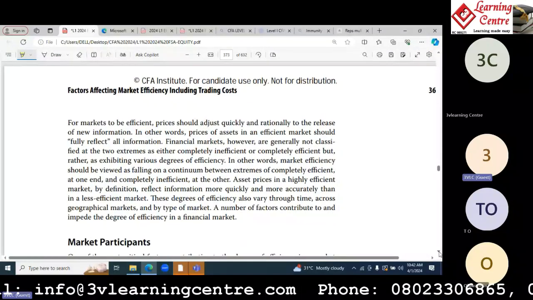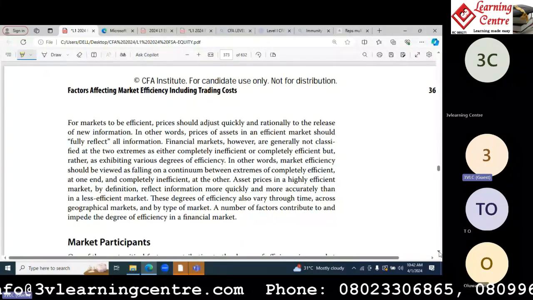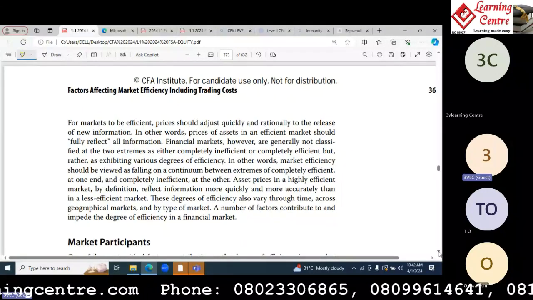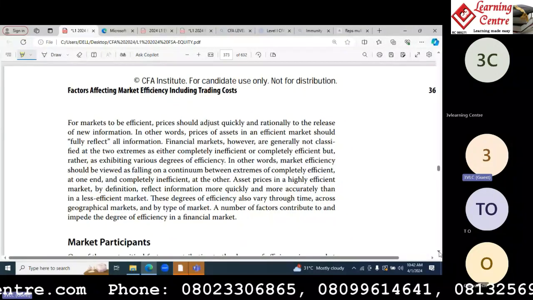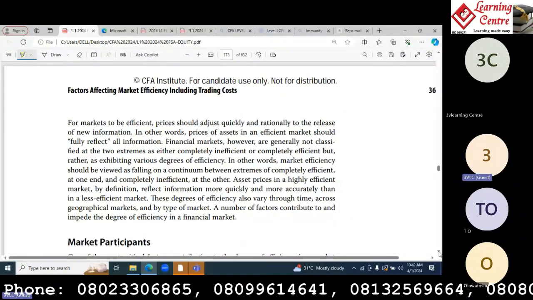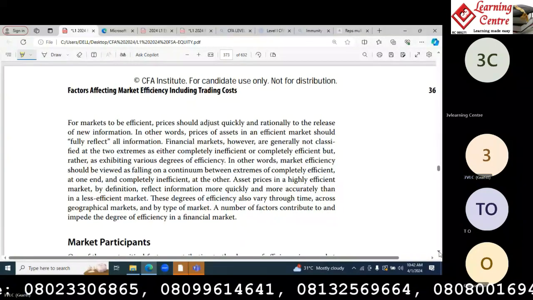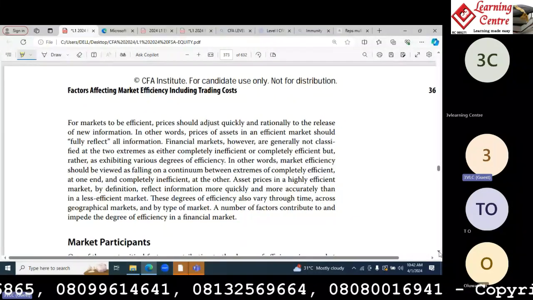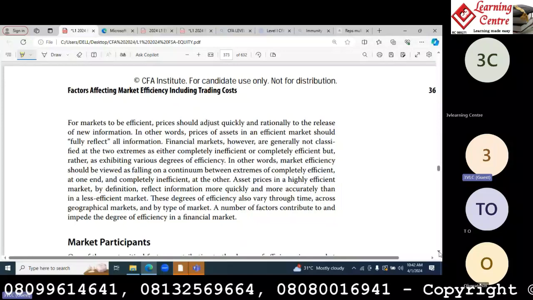For markets to be efficient, prices should adjust quickly and rationally to the release of new information. That's everything I have been preaching. In other words, prices of assets in an efficient market should fully reflect all information. Financial markets, however, are generally not classified at the two extremes. I like this a lot.